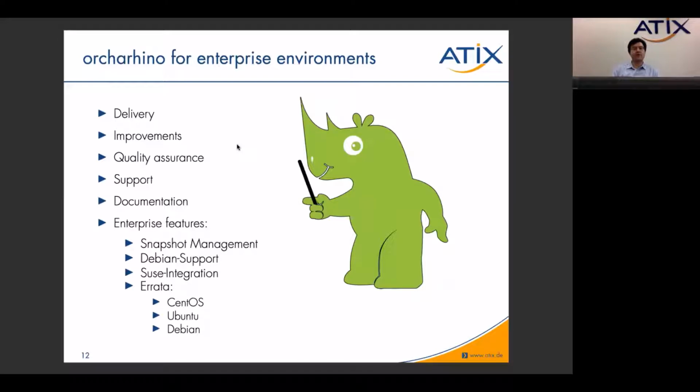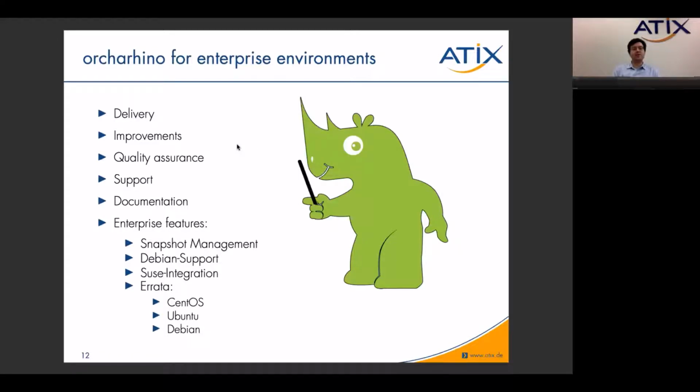We develop improvements, and we also do quality assurance. This means we test all the versions so that they run rock stable before we ship them. As said, we offer support for our customers in case there's some trouble showing up. We deliver Orcharhino with the documentation matching the version which is delivered.